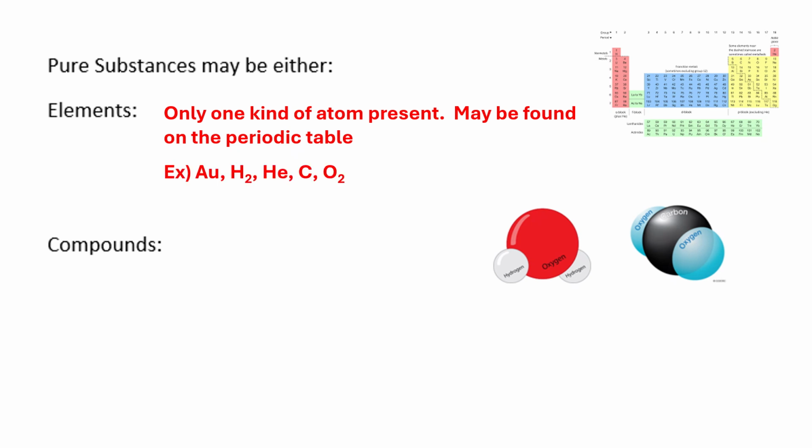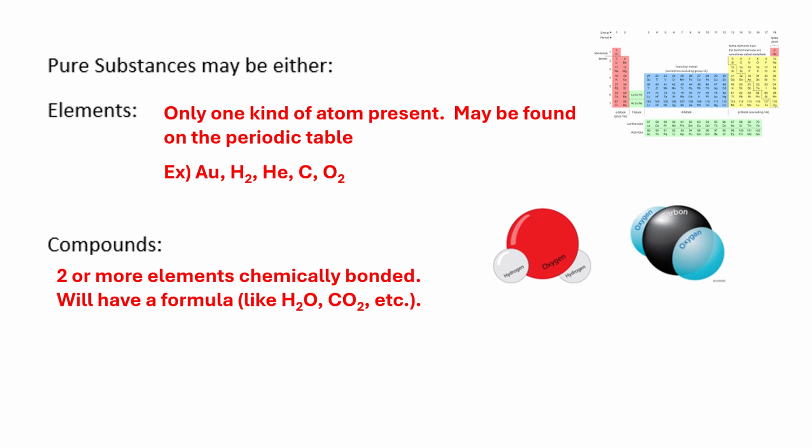So for example, gold, hydrogen, helium, carbon, oxygen. Notice a couple of these even have subscripts like H2 and O2, and that simply means that they're paired together, chemically bonded together, but because there's only one element in that substance, like there's only oxygen in O2, we still call it an element.